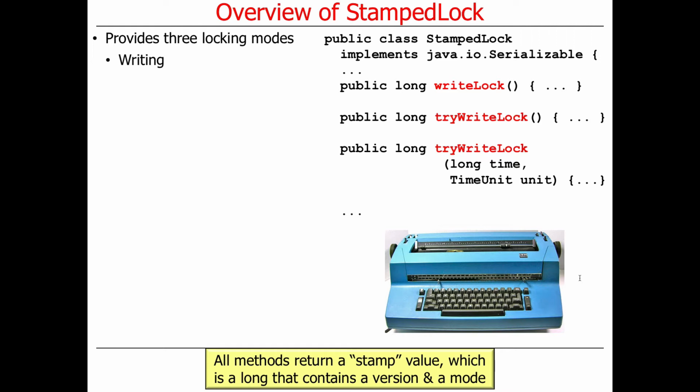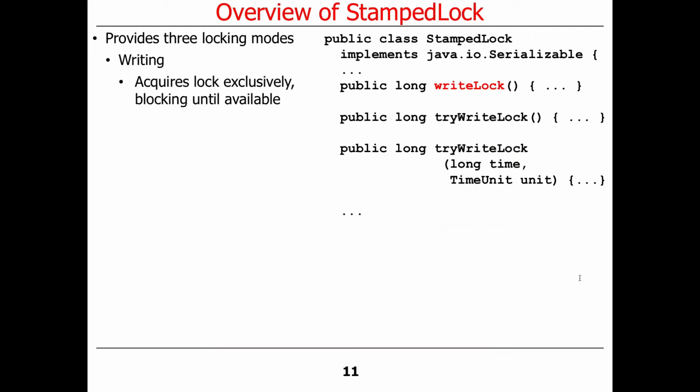It contains the version number, which you can think of as a timestamp. It's not really a timestamp, but it monotonically increases, so it basically captures an epoch in time. It also contains a mode that indicates what mode it's in, read mode, write mode, etc.